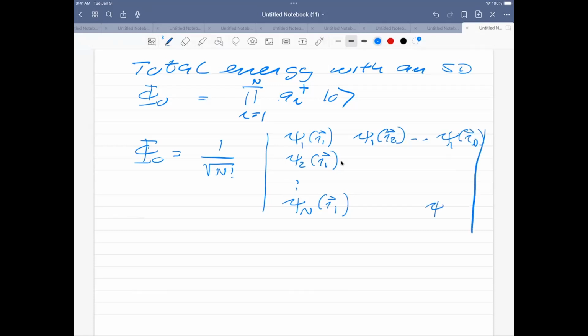And we have psi n of rn. Again, I'm skipping spin degrees of freedom. So for this quantity, when I calculate this density, the expectation value of the density operator, then that just reduces to the sum over the single particle states.